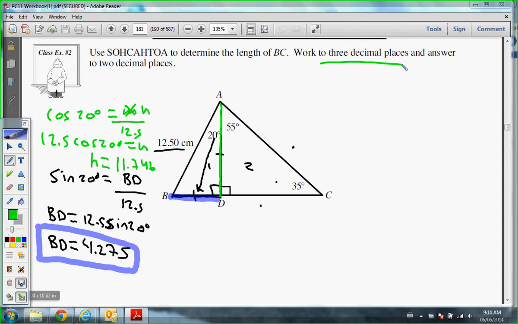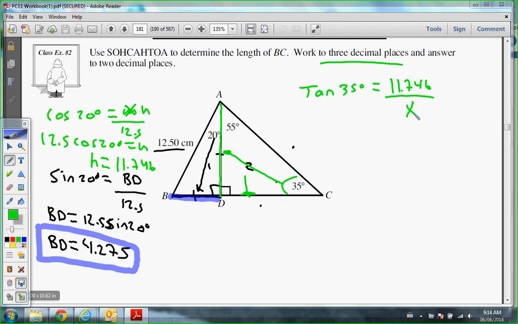All right, so now we do have a side over here, so now we can go ahead and try to get this side. So let's take 35. We have the side opposite, and then we want to find the adjacent. So opposite and adjacent, what's that go with? Tan. So I want to do tangent. So I'm going to go tan 35 equals opposite, which we just figured out is 11.746, all over x.